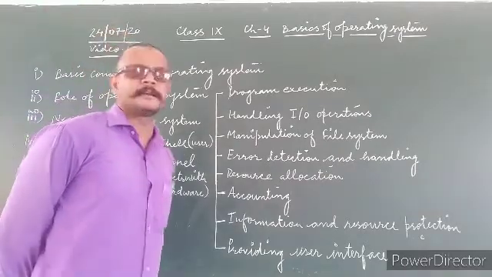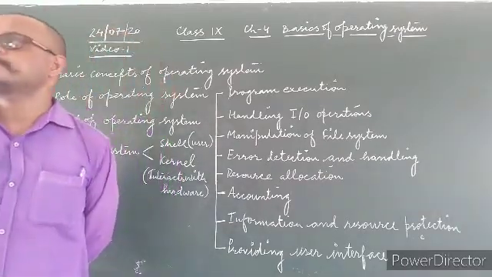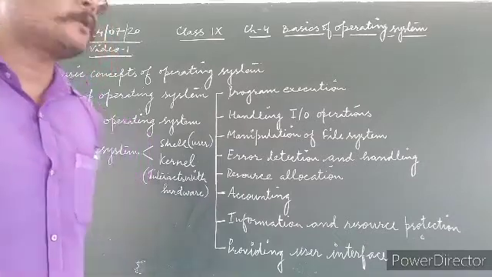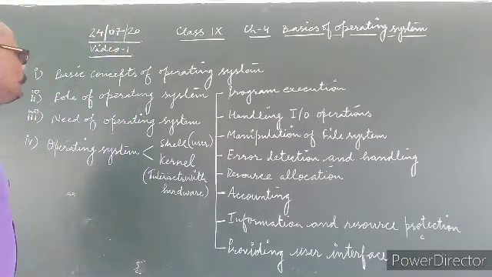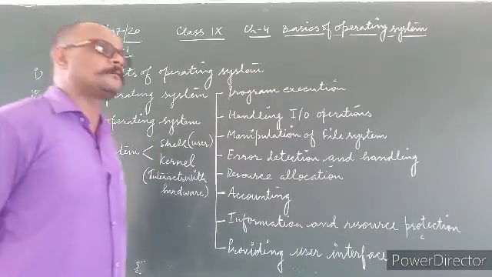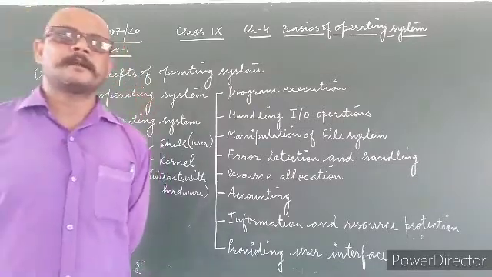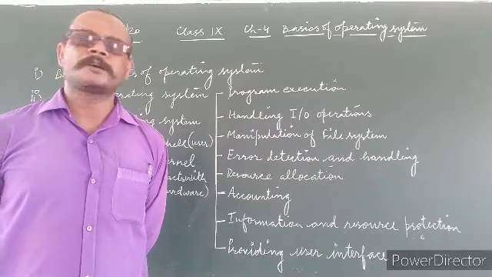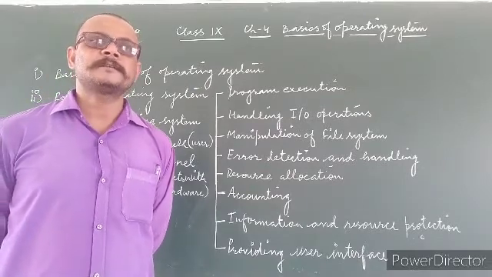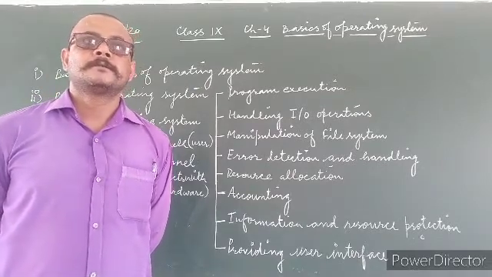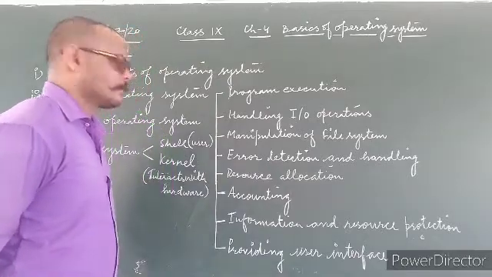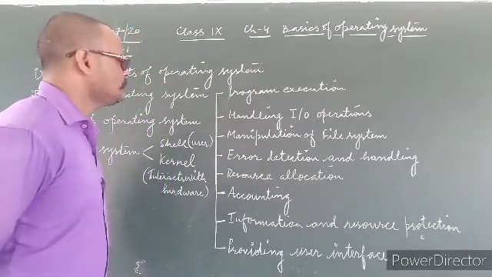Error detection and handling, next thing is error detection and handling. The operating system is responsible for error detection and handling. If some kind of error is there, either a hardware error or a software error, that is done by the operating system.